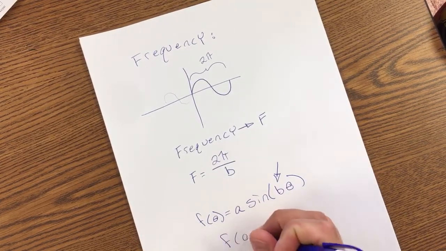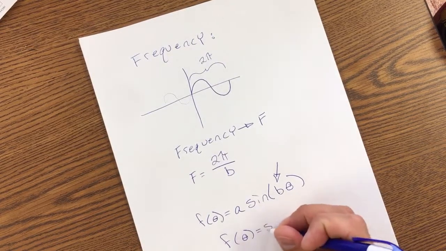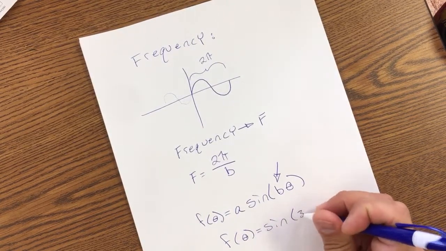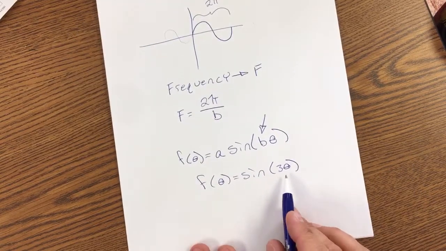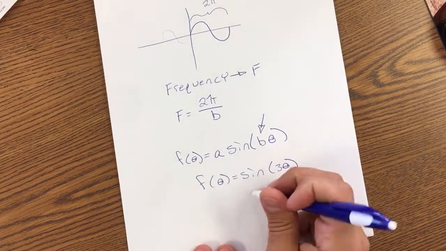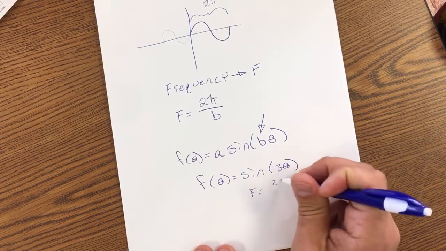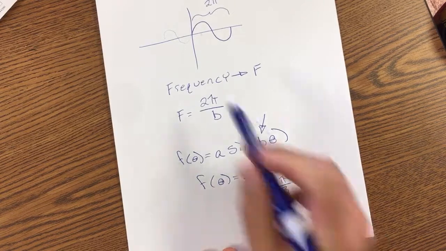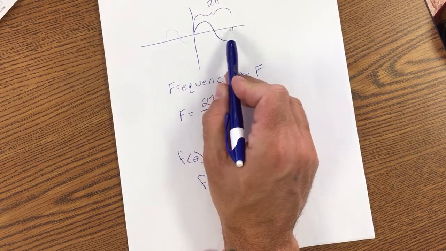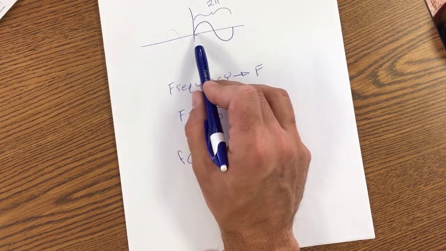So if it tells me something like this, my b is 3. So I'm going to say that the frequency is 2 pi over 3. What that means is that this shortened down to get done in 2 pi over 3.